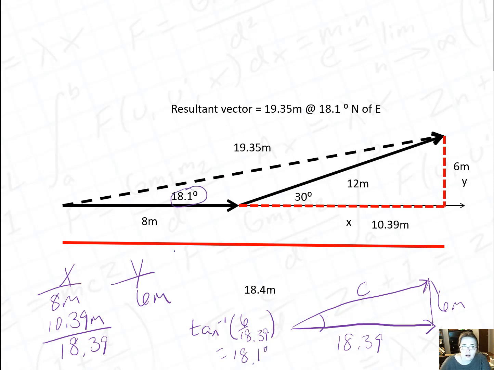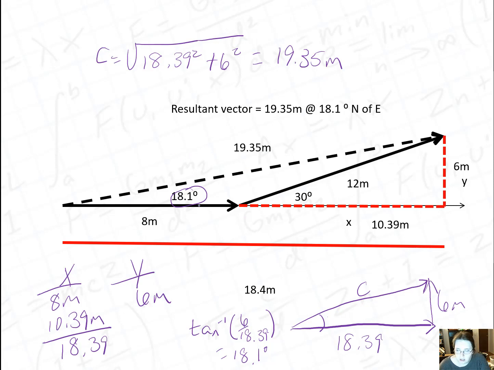And then the C, that's your normal Pythagorean theorem. So we get C equals the square root of 18.39 squared plus 6 squared. And you end up with 19.35 meters. So that's how you do these types of problems.